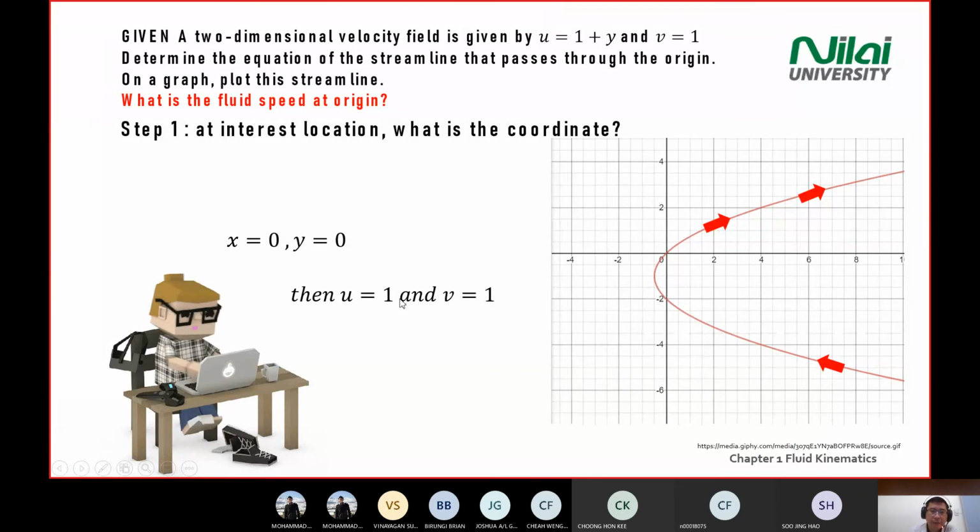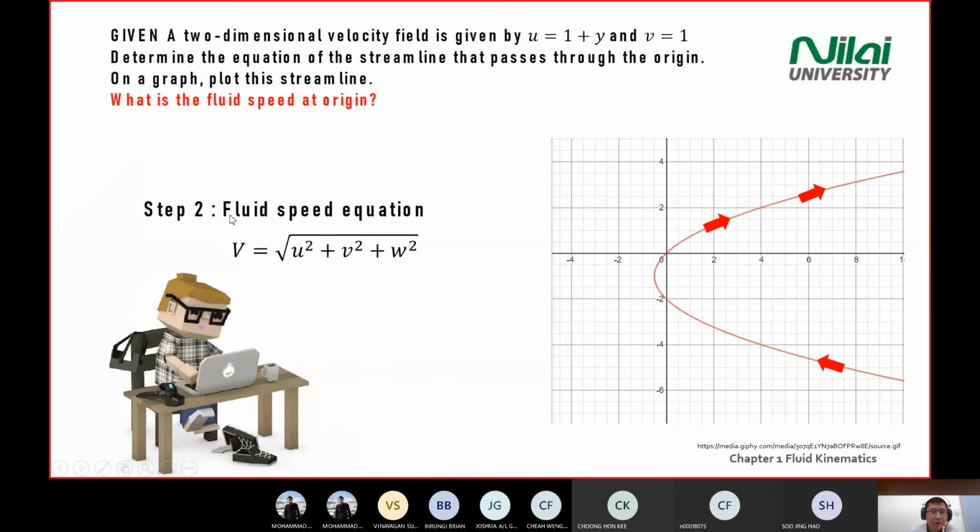So your u component is 1. In this case, you are not given any unit yet. If you really want to put in a unit, then the unit will be unit divided by time, unit divided by second. In this case, there's no unit given. So you just put in u equal to 1, v equal to 1.